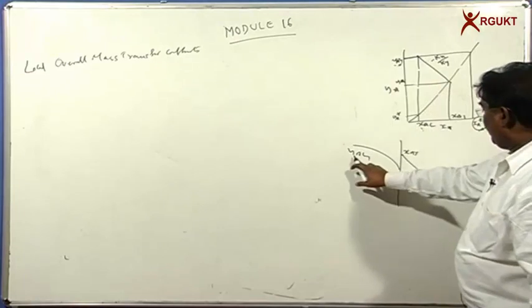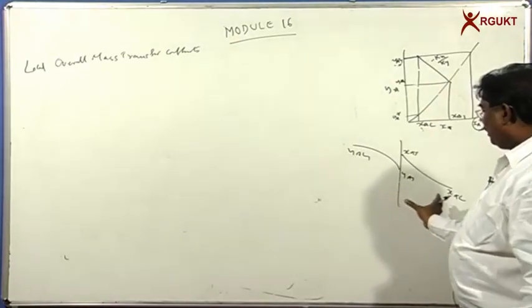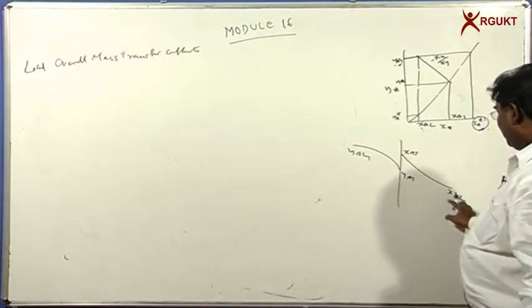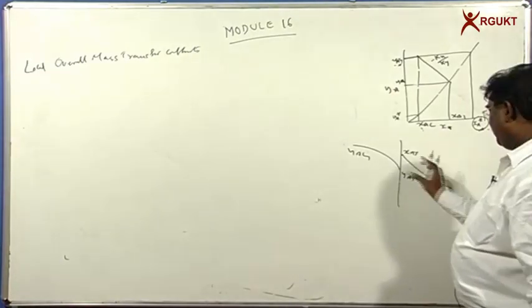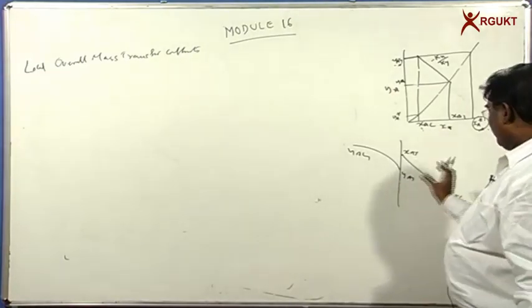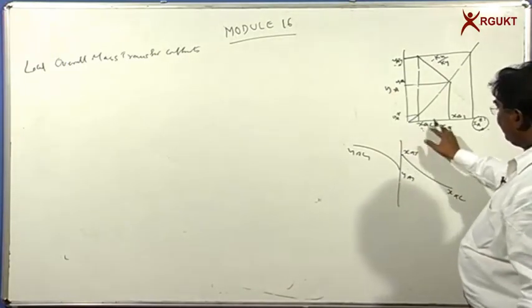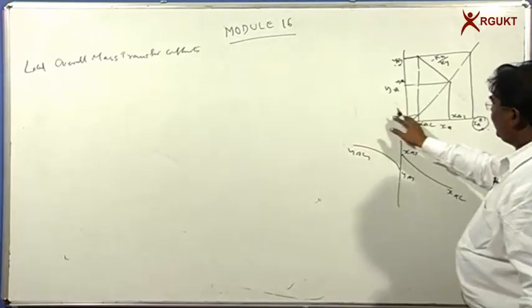Here we have a YAG concentration and an XAL concentration. The overall driving force now is YAG minus XAL, but XAL has some functional relationship with YAG. We cannot simply write it as YAG minus XAL. So instead of measuring XAL in terms of XAL, we can measure it in terms of YA star.